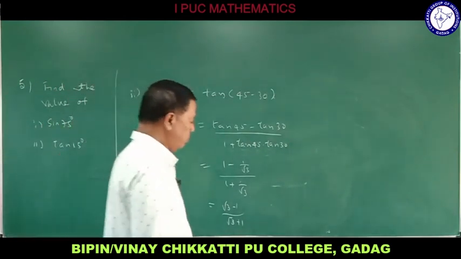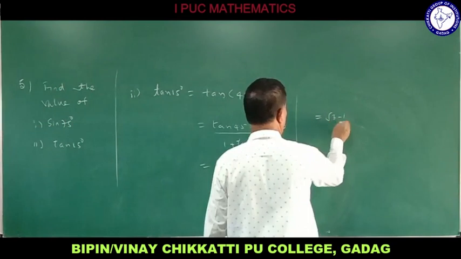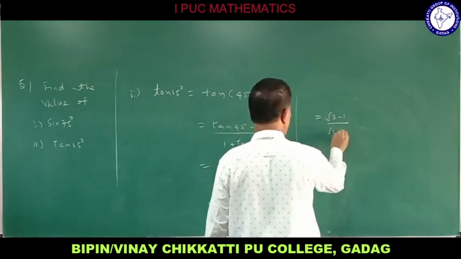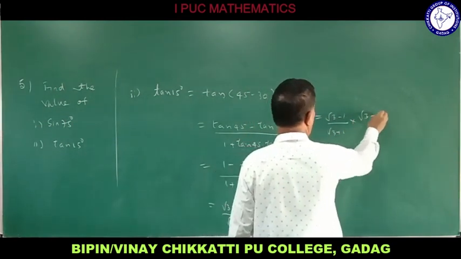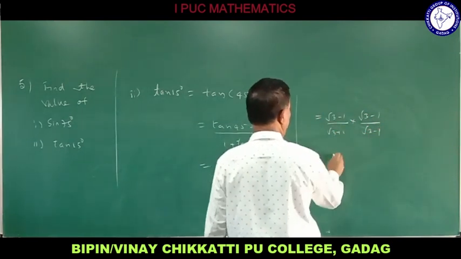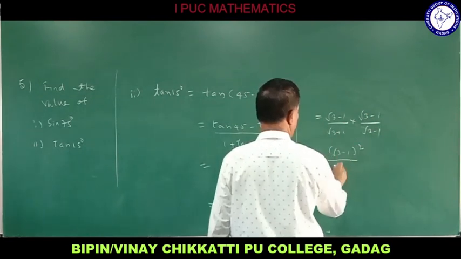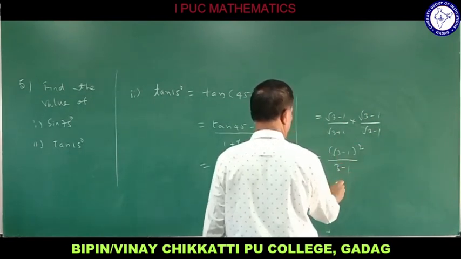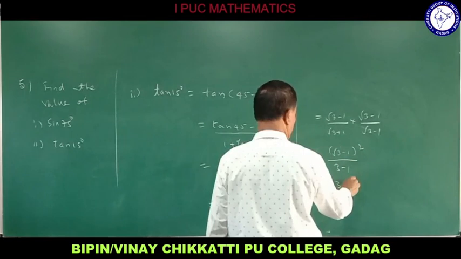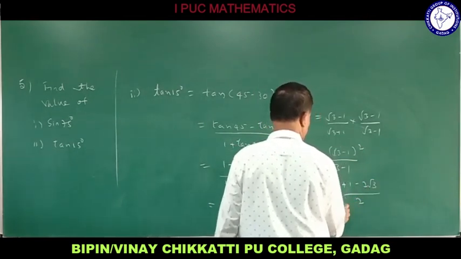Simplest means you have to go for rationalization. Rationalization means what? Root 3 minus 1 divided by root 3 plus 1. Here root 3 minus 1 whole square, using a minus b whole square: a square is 3, b square is 1, minus 2 root 3, divided by 3 minus 1, that is 2.